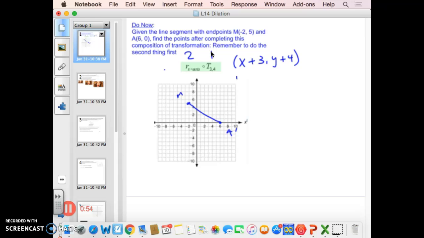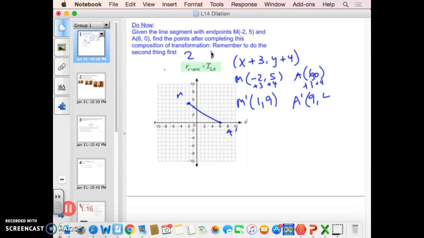So I take my coordinate M, which is at (-2, 5), add 3 and add 4. So M prime would be at (1, 9). And then I do the same thing to A. A is at (6, 0), and I'm going to add 3 and add 4. And so A prime would now be at (9, 4).